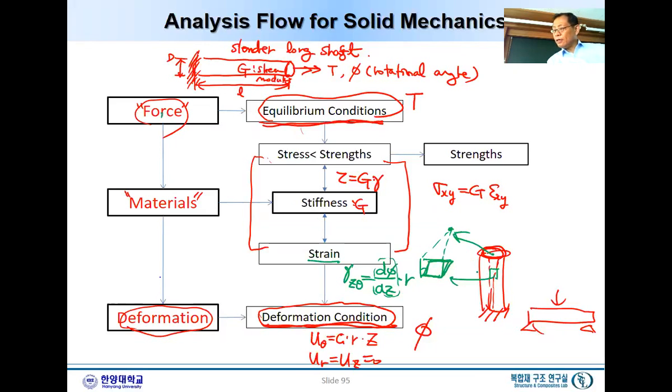You can think of the surface, and as you can see, each rectangle will deform like that, and this one will deform like that. So this deformation, the gamma, this angle is proportional to R, and this is the constant.